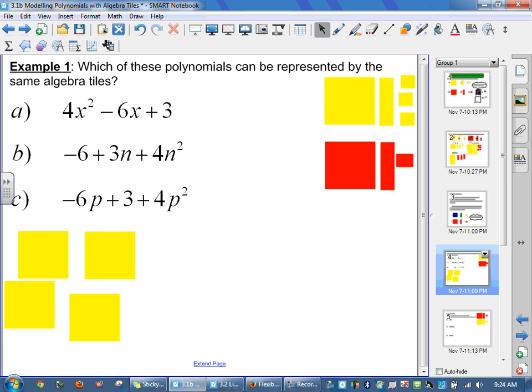Which one in letter B tells me if I'm going to get big boxes or not? The squared, right? This one right here. So that's 4n squared, and it's positive. So would they be 4 yellow boxes? Yeah, they would. What about the very bottom one here, the 4p squared? Would those be 4 positive yellow boxes? Yes. So far, we know that those ones would match.